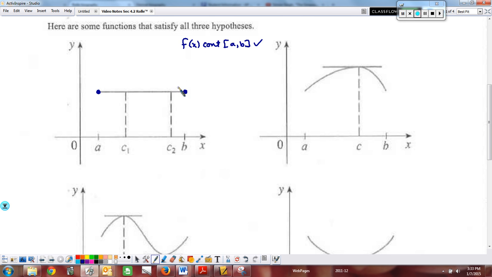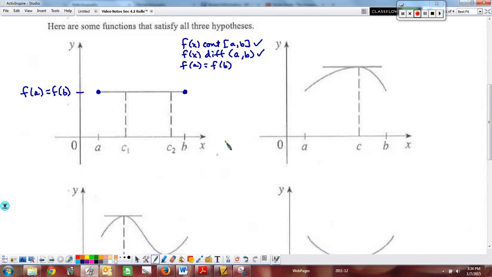Your answer is yes, obvious, it's a straight line. Is f of x differentiable on the open interval a to b? Yes, there's no cusp and no vertical tangents involved in there. And is f of a equal to f of b? And that answer is yes. Both f of a and f of b are in the same location.